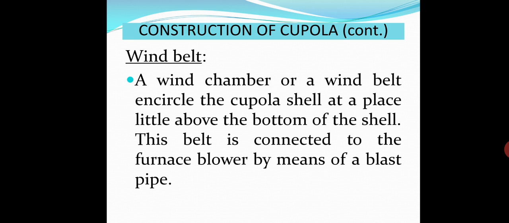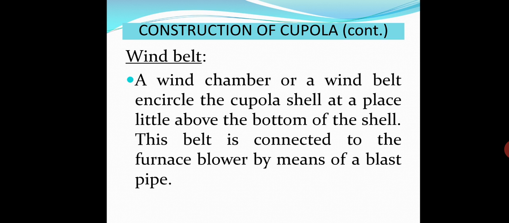So what is a wind belt or wind chamber? A wind chamber or wind belt encircles the cupola shell at a place a little above the bottom of the shell. This belt is connected to the furnace blower by means of a blast pipe.